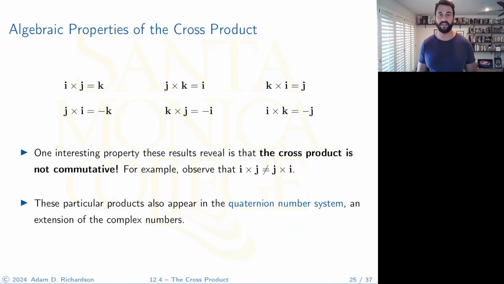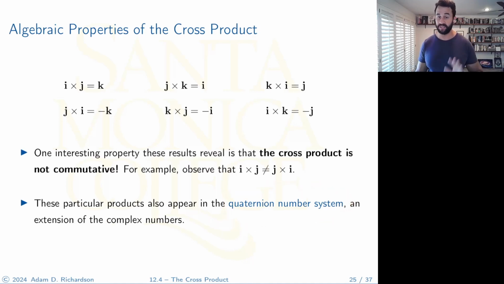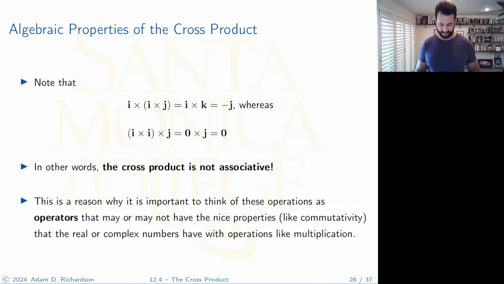The quaternions are like an extension of the complex numbers. You might remember the complex numbers are an extension of the real numbers. Well, you can also extend the complex numbers in a particular way, and then what you get is what's called the quaternion number system. So check it out if you're interested. It's pretty cool.